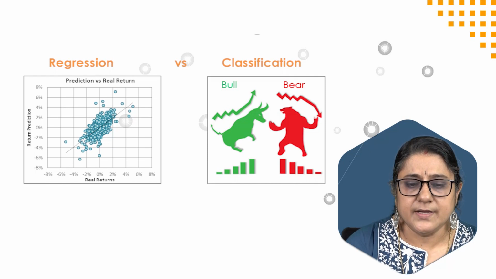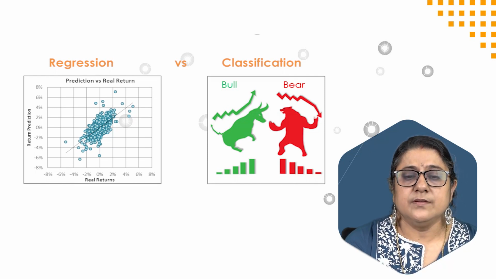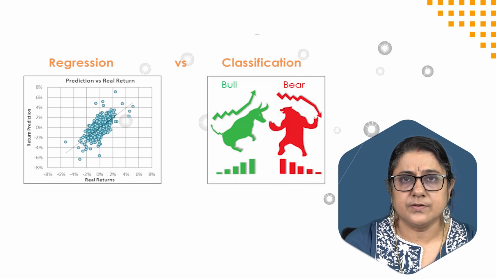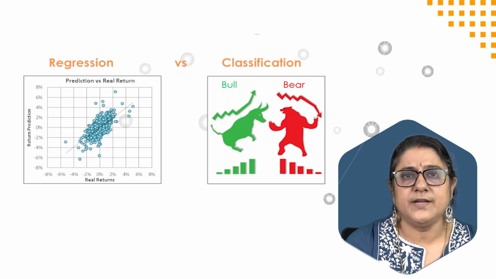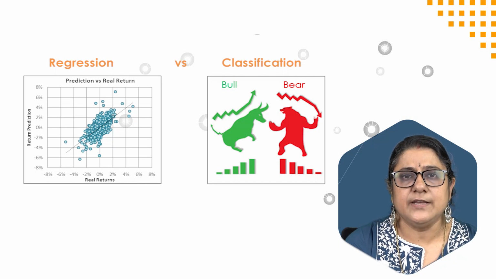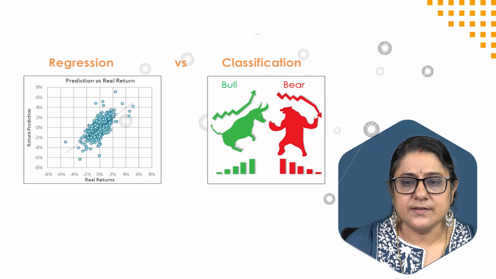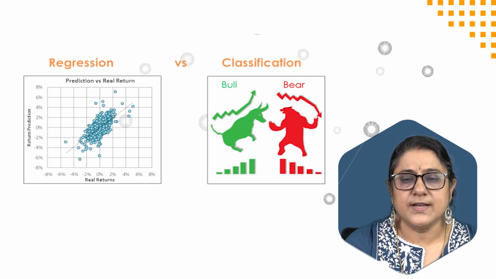When we are predicting a return for particular stock prices, the stock prices will be predicted in dollars or rupees or any currency, and the value will be numeric. Whereas in the classification, if you see here, a bull and a bear, there are two classes, which is categorical.